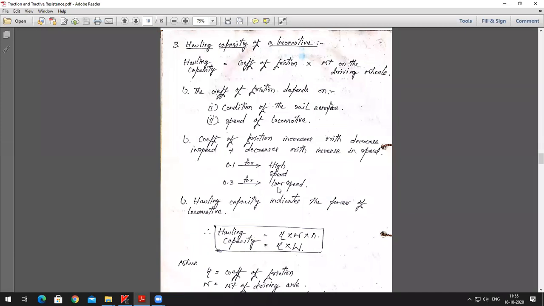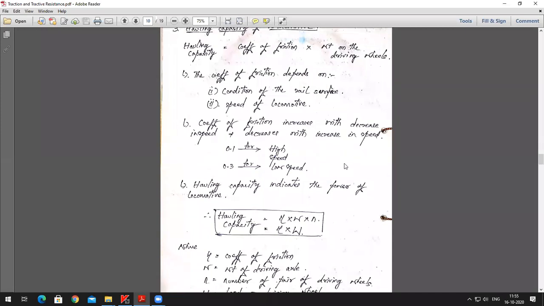So the hauling capacity basically indicates the power of the vehicle or the locomotive. Normally, we have seen plenty of vehicles on the roadways also. We own four-wheelers, two-wheelers, etc. You might have heard them talk in terms of PS or horsepower.